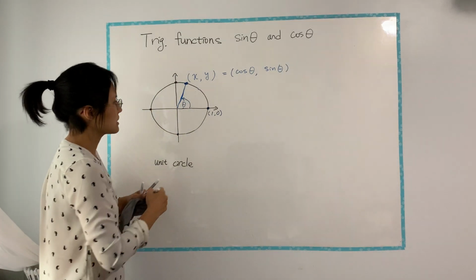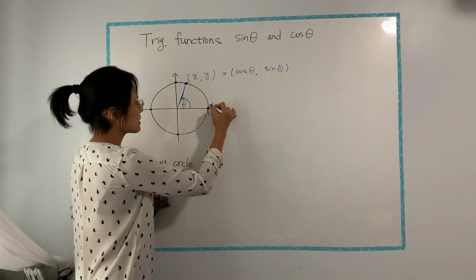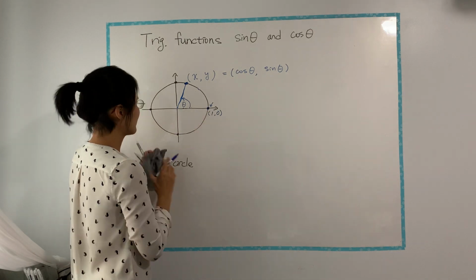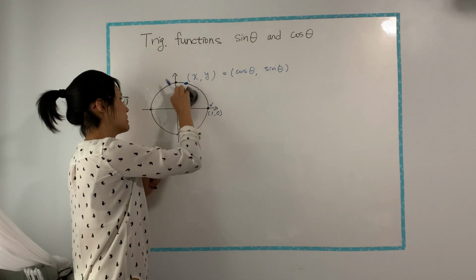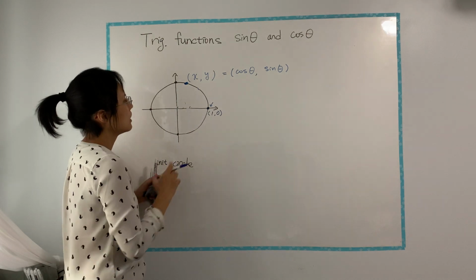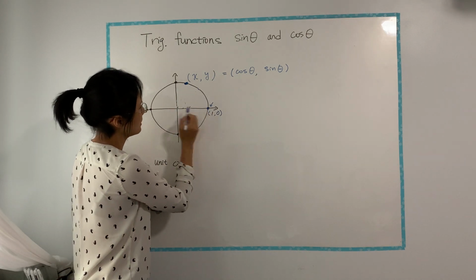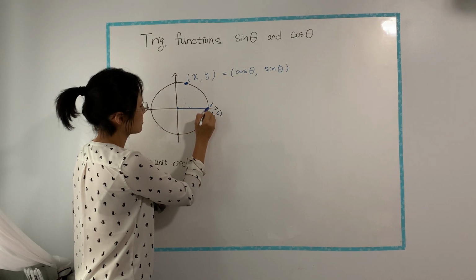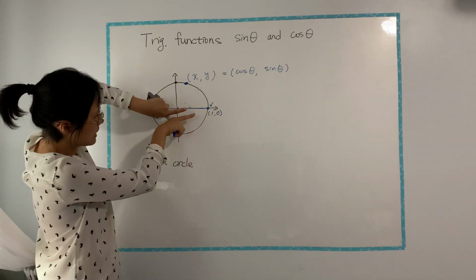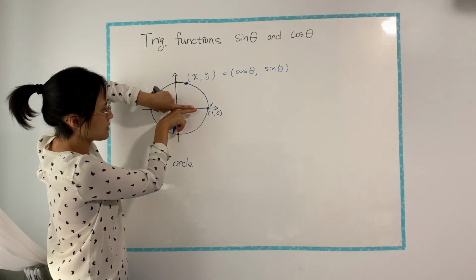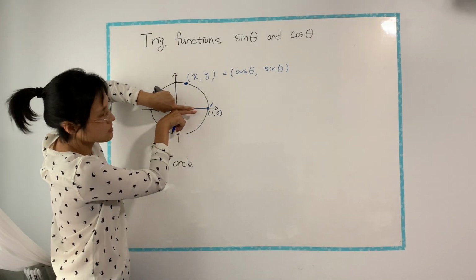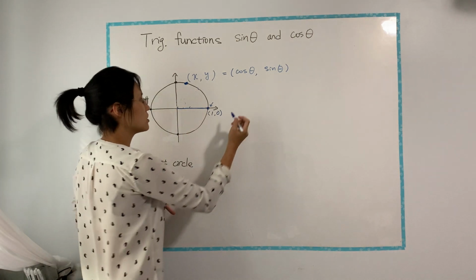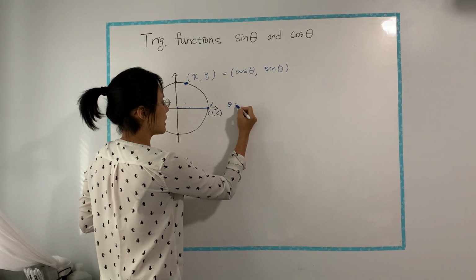Okay, so let's use this point as an example. When I place this point, to avoid confusion, let me erase this. When I place this point here, connect that point to the origin. Now what is the angle in between this blue line segment and the positive x-axis? 0. There's no angle in between, right? Because they completely overlap. So in this case, I have theta equals 0.